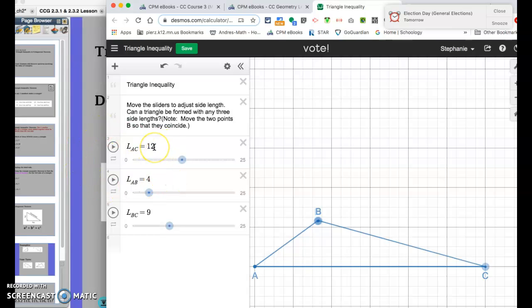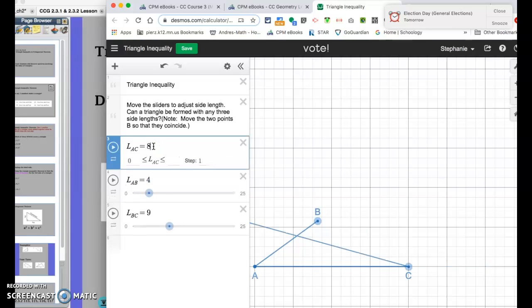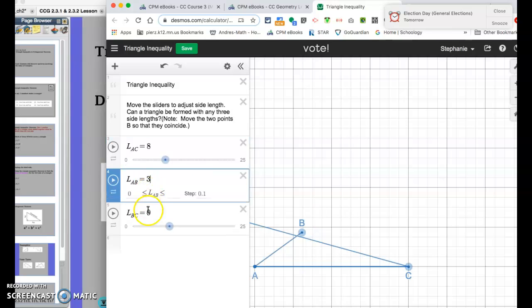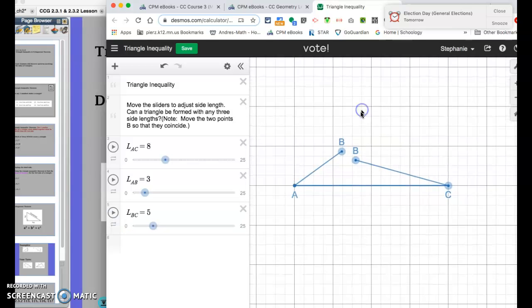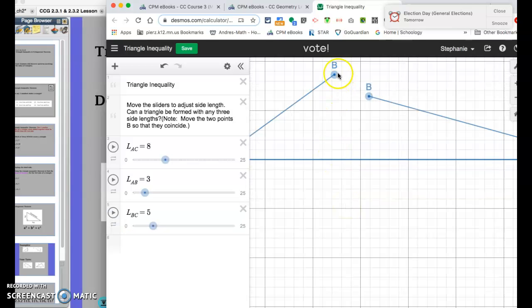I'm going to skip the third one, 2, 4, and 5, and I'm going to go down to 3, 5, and 8. So 8, 3, and 5. All right, this one's going to require a little bit more finesse. We're going to zoom in a little bit, and I'm just trying to get my B to match. Oh boy.